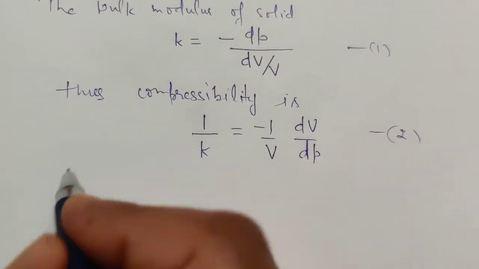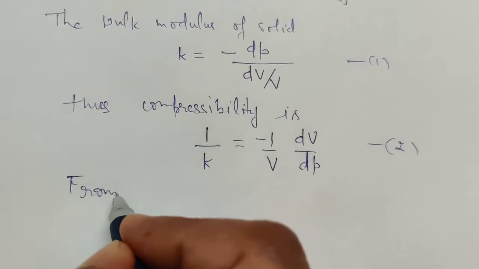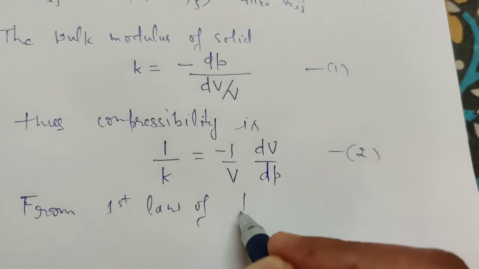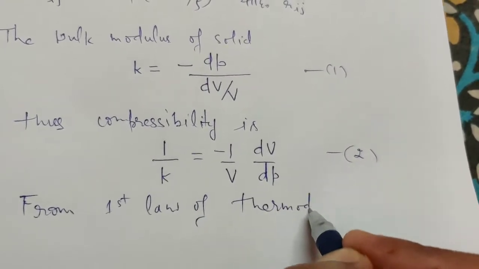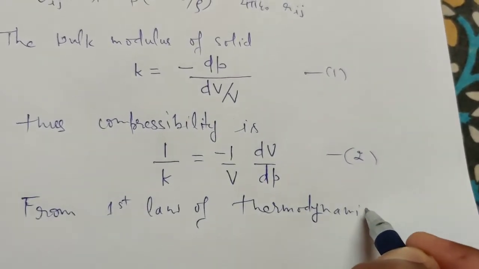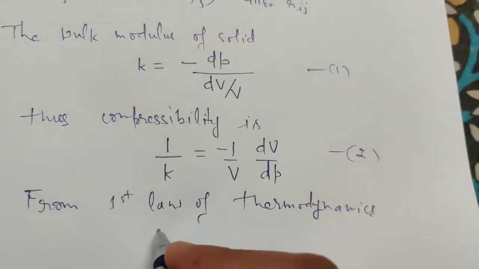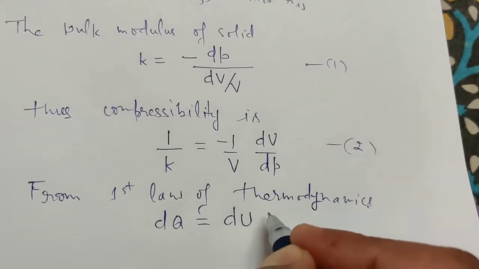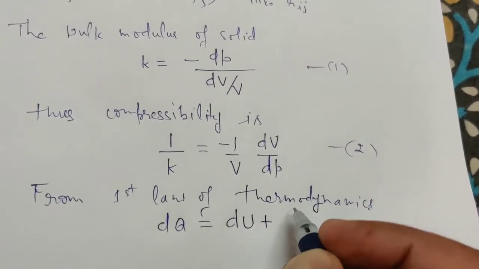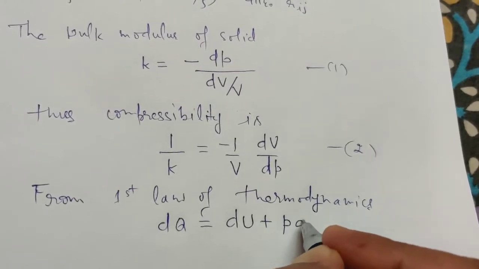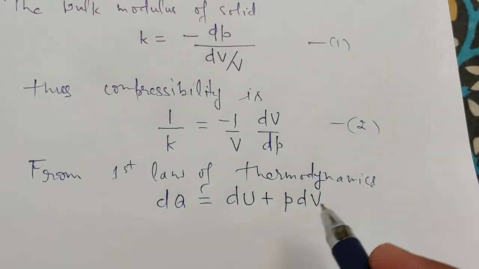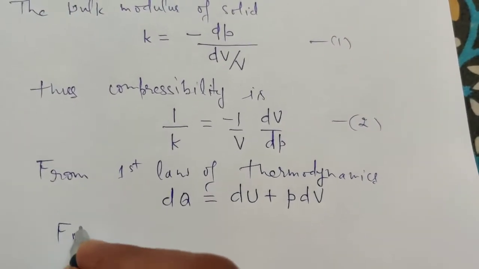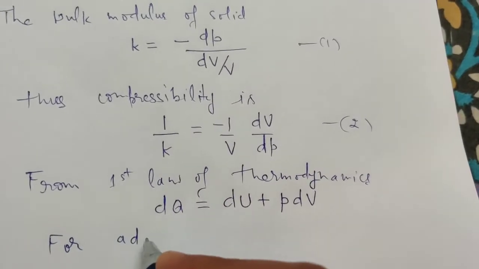Now from the first law of thermodynamics, the change in heat is equal to the change in internal energy plus the mechanical work, that is P dV. For adiabatic compression, that means there is no exchange of heat.